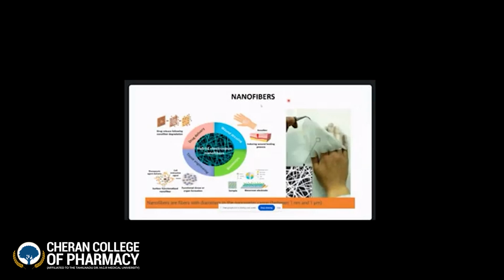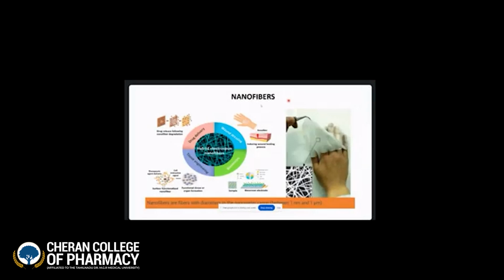According to that, we need to select the nanofiber, and this helps with re-epithelialization of the wound. If you select an antibacterial polymer, it shows antibacterial activity. Whenever we treat a chronic wound, we had better select drugs with antibacterial and wound contraction properties, because we need to control the infection during the wound also, right?